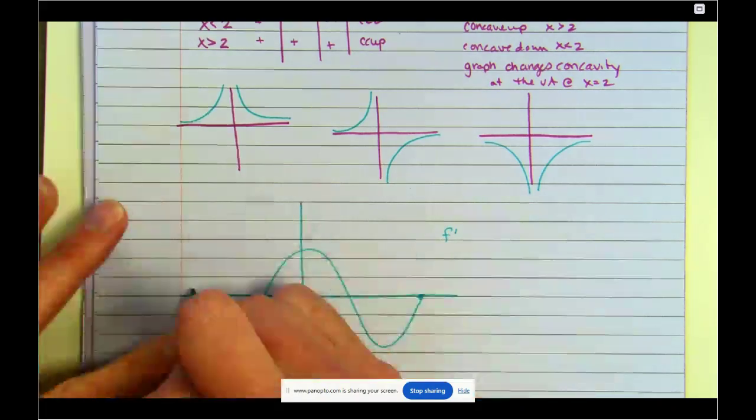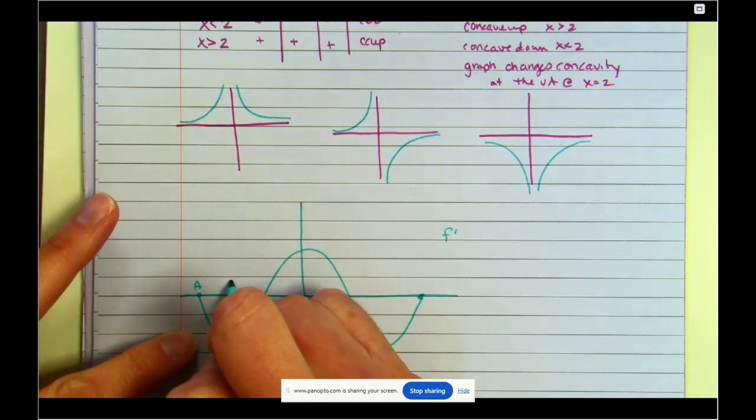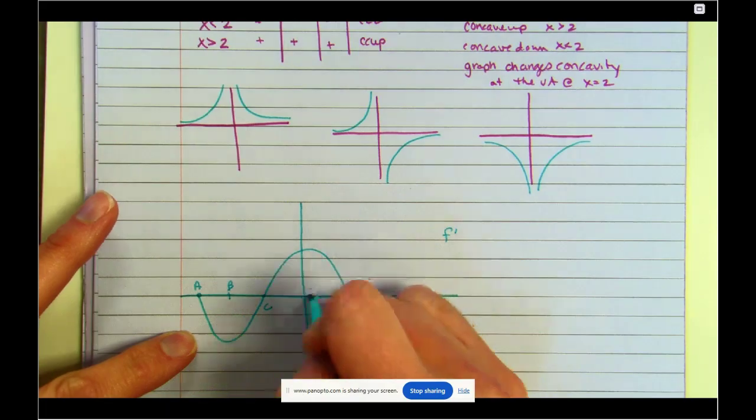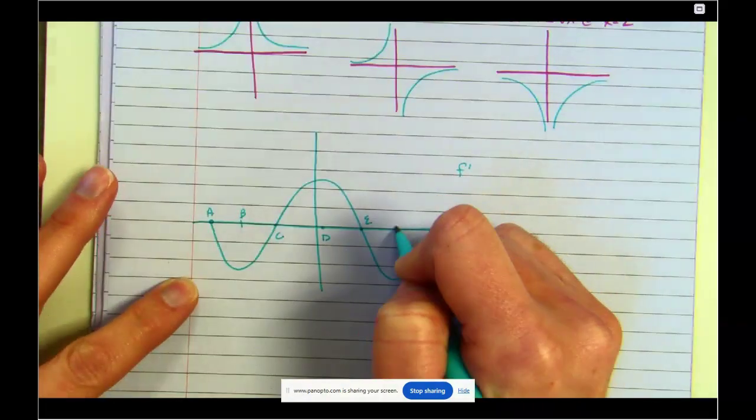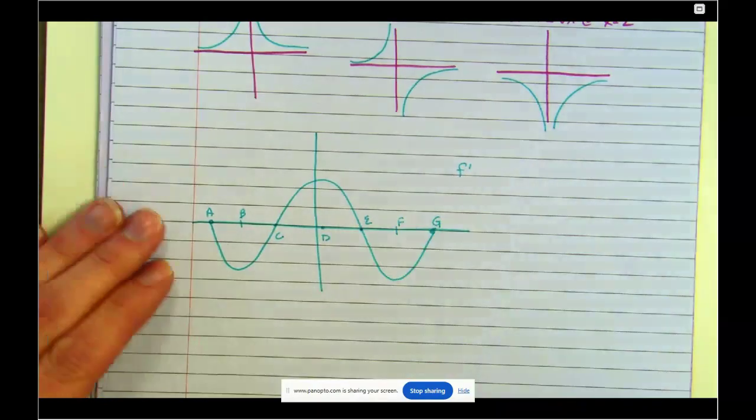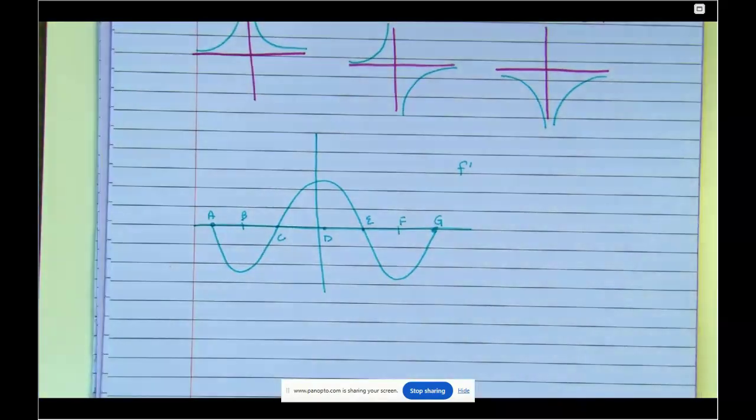Let's say this is A, B, C, D, E, F, and G. So that's f prime, not the original f. Should you draw it? It's up to you. I mean, we're talking about something that's important.